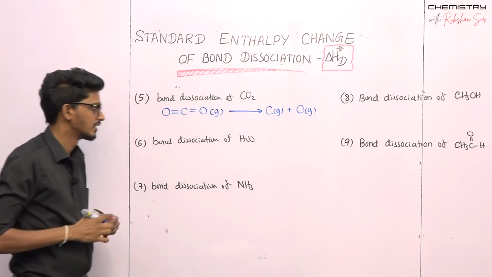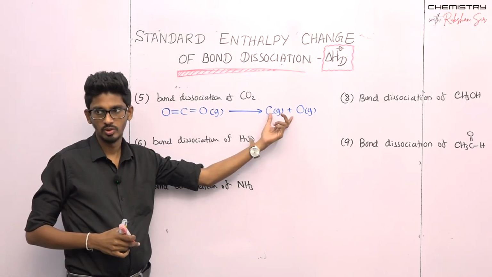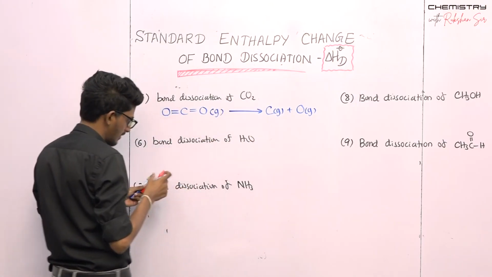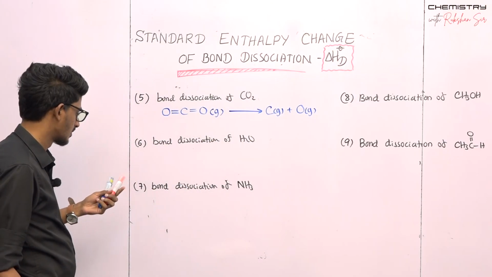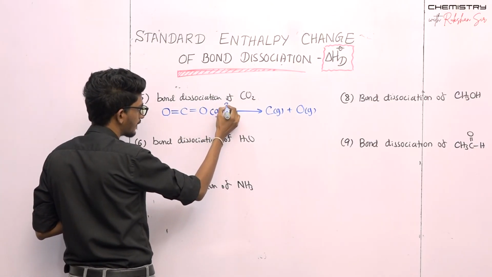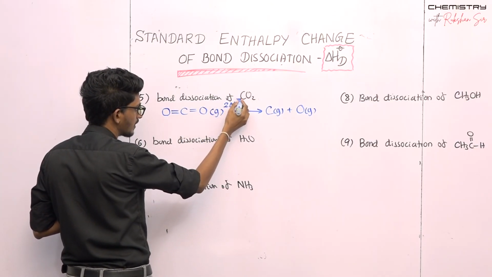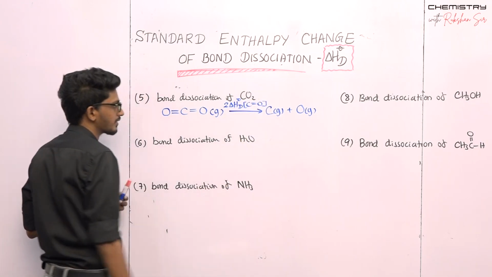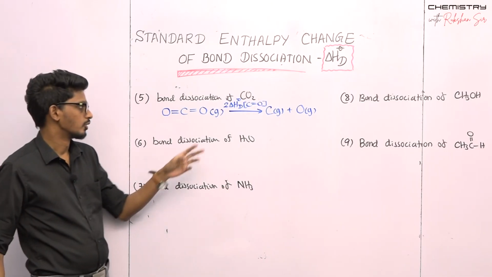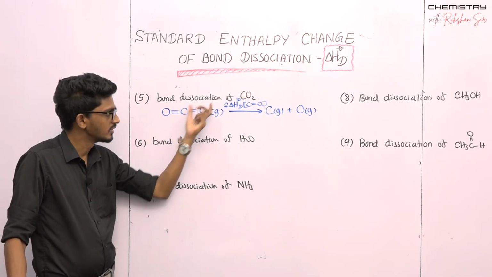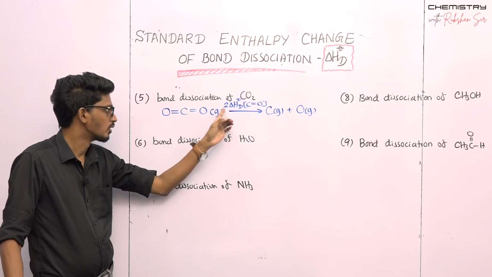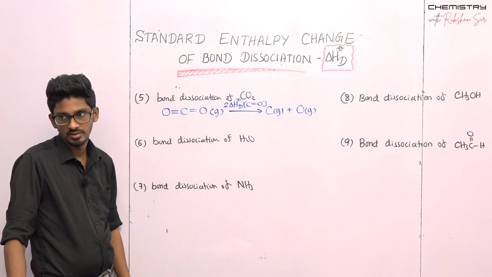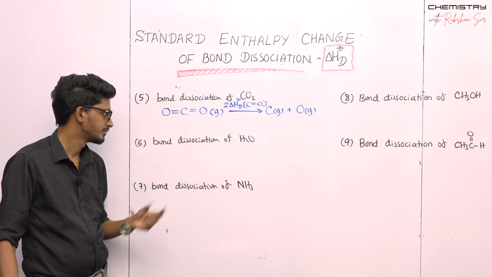Always by a bond dissociation, we are supposed to come up with gaseous monoatomic forms, right? So this change means 2 of delta H naught D of C double bond O bonds. To completely convert this, you need to break 2 C double bond O bonds. Okay, let's copy this one as well.